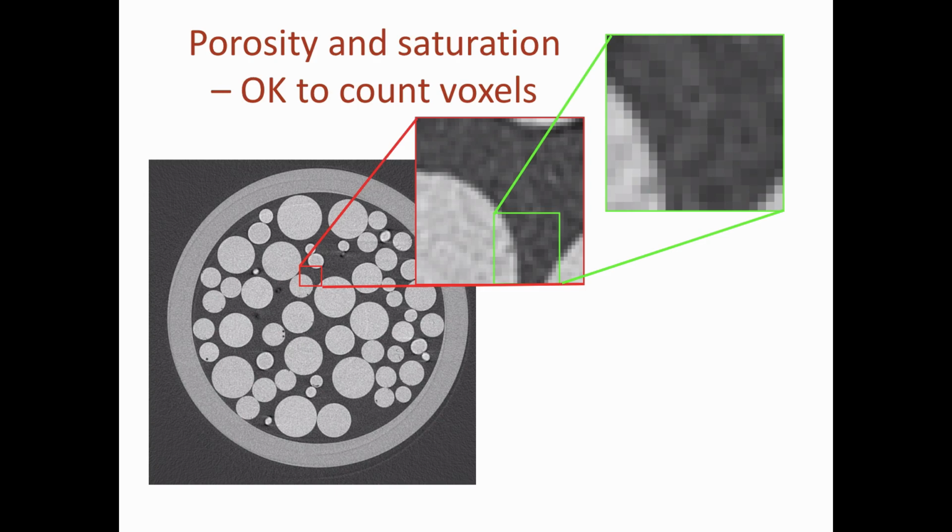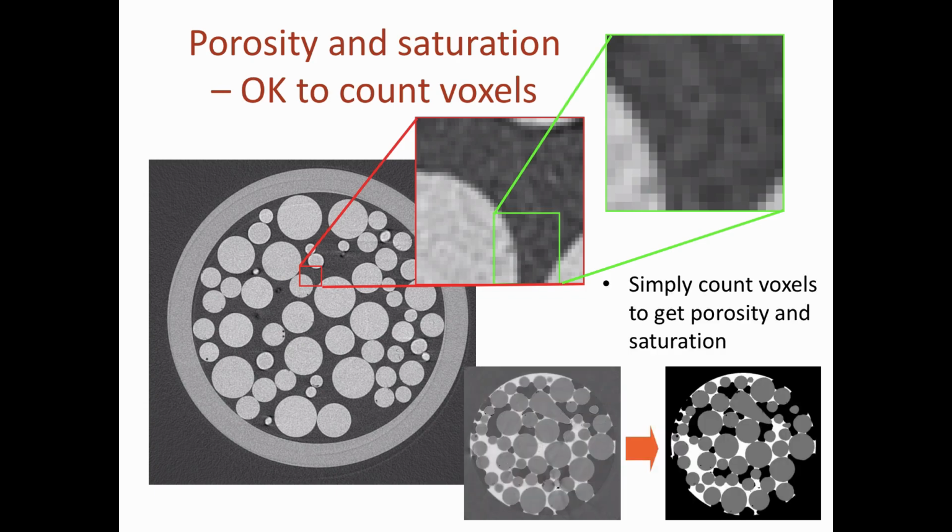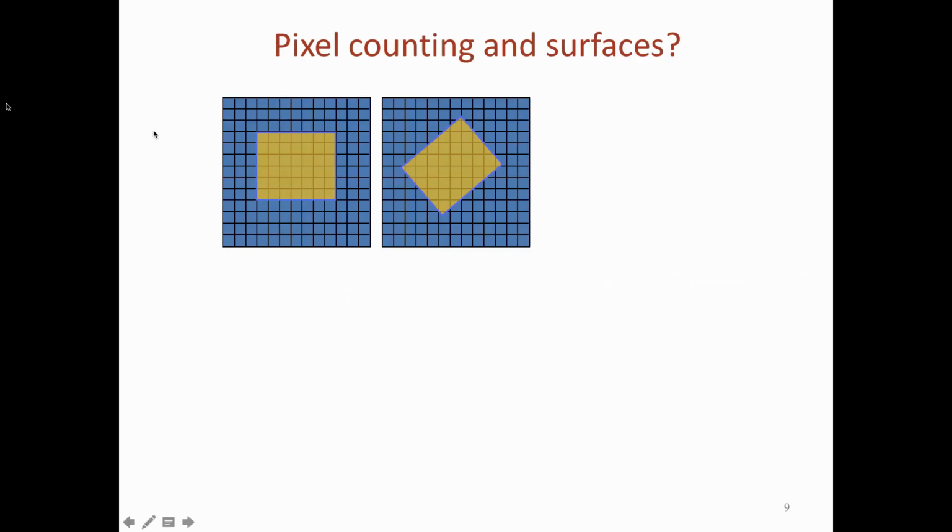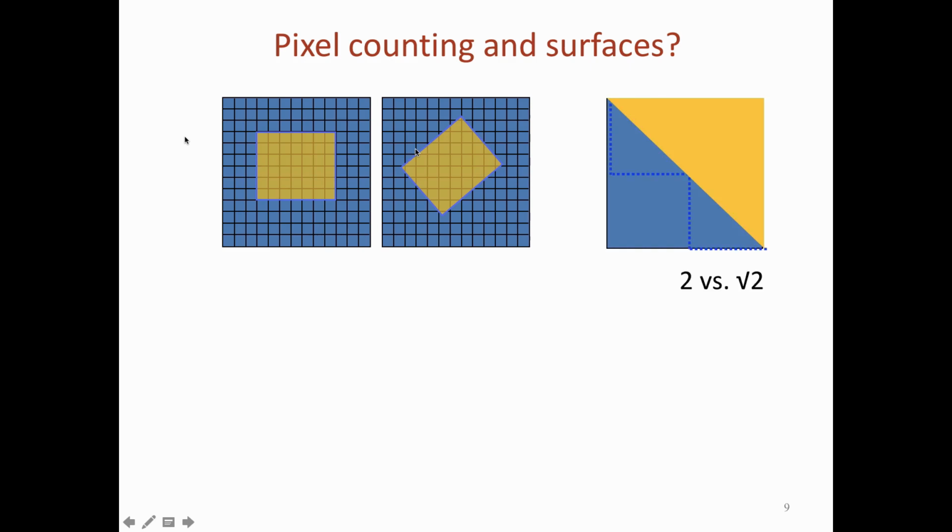Then getting a good surface really depends on also being able to segment the image well. So it is not okay to just count voxels, and we had that example where even when you do segmentation, based on the orientation of your surfaces, you might find quite some errors, because you will always have these corners that you cannot avoid, and there's no way to approach them.